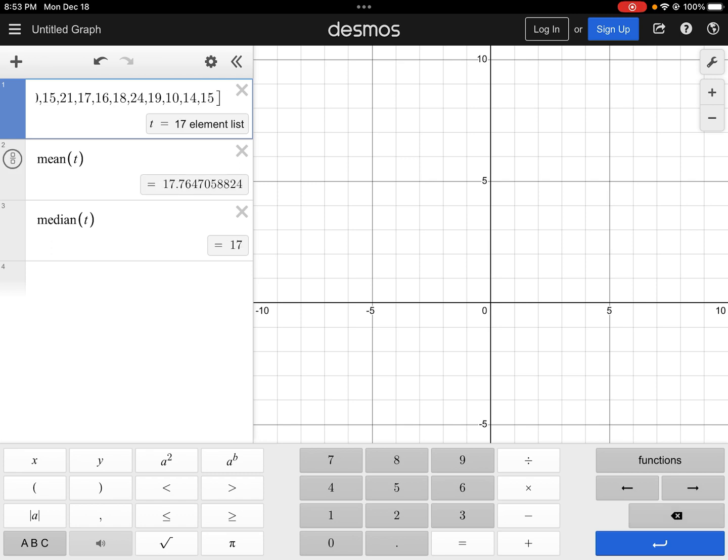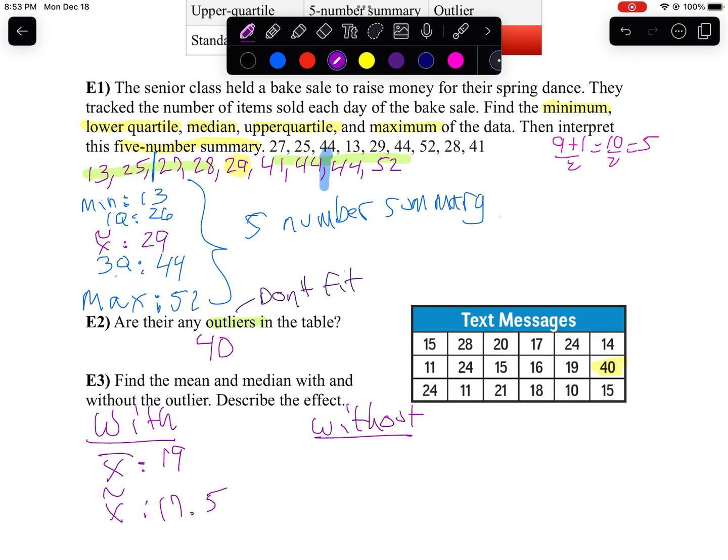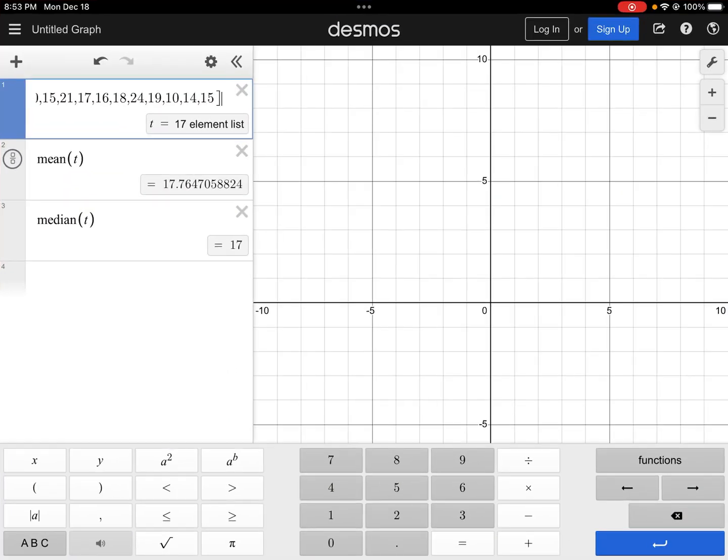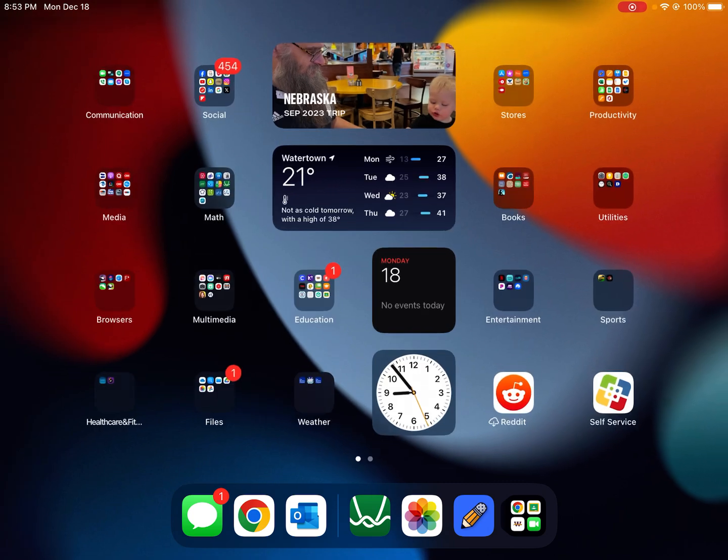There we go. Now notice my mean decreased to 17.8. My median decreased to 17. They both went down, didn't they?